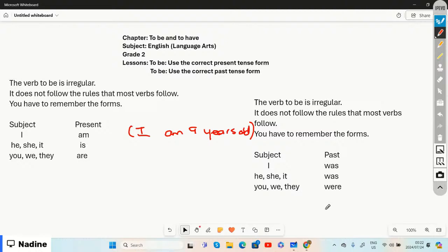And if the verb doesn't follow any rules that most follow, then it means that you're going to have to remember this form of verb, especially since it is an irregular verb. So we're going to have to remember it.